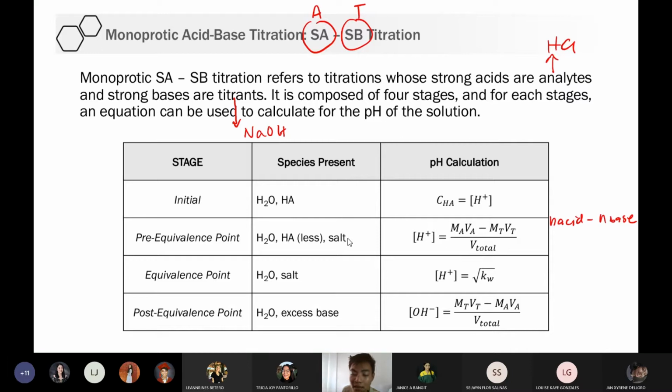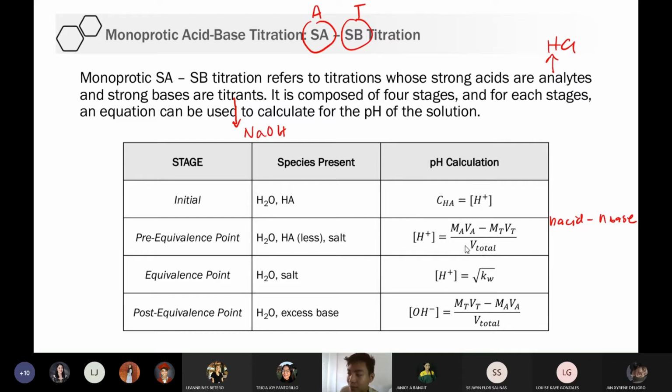Yung volume ng analyte mo plus the volume of the titrant added. Okay? So again, in summary, at pre-equivalence point, nababawasan yung HA natin, nababawasan acid natin. So to solve for the remaining acid concentration, that is mole acid minus mole base. Or in equation, MAVA minus MTVT. All divided by the total volume to account for the dilution.